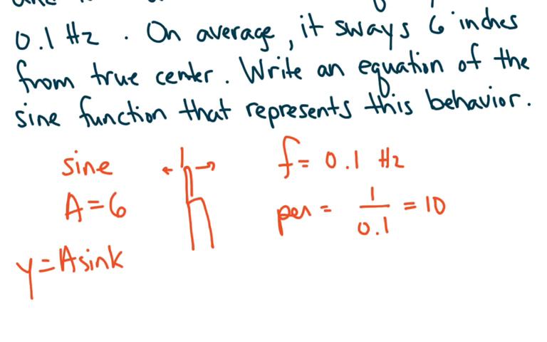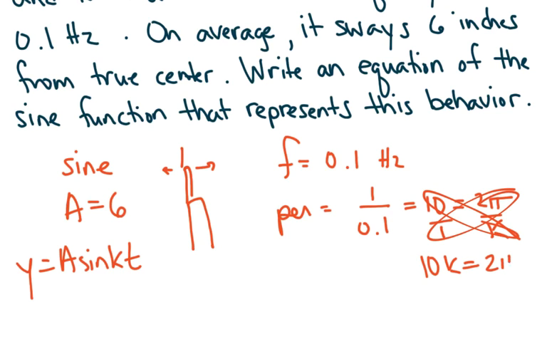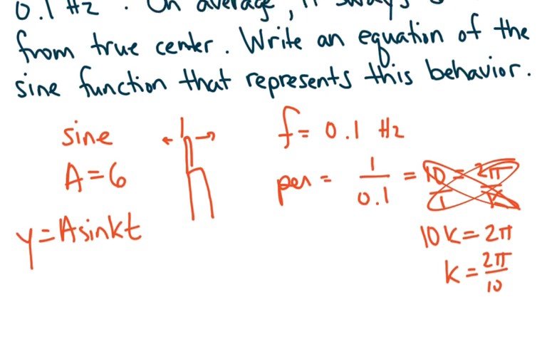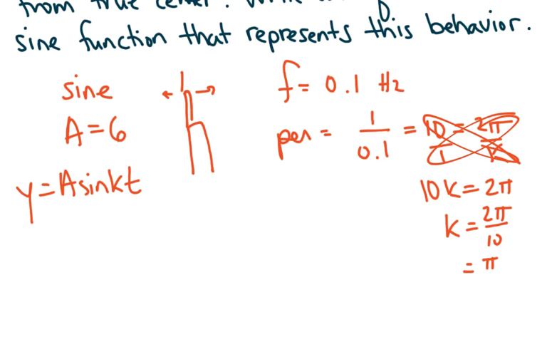We have to find out what k is. So we're going to set this equal to 2 pi over k. And then I have a proportion that I'm going to use to find out what k is. And I'm going to find out k is 2 pi over 10, which reduces to pi over 5.